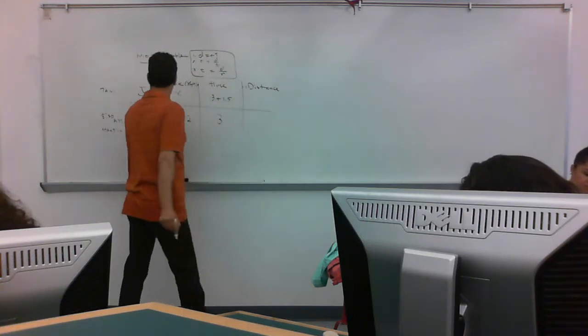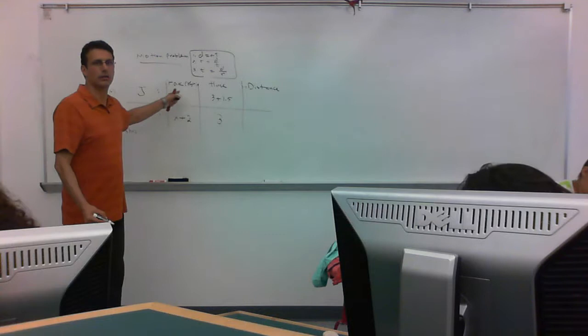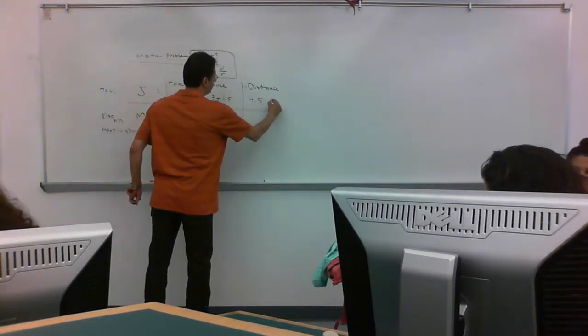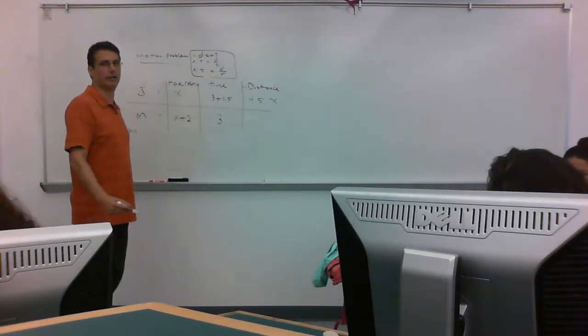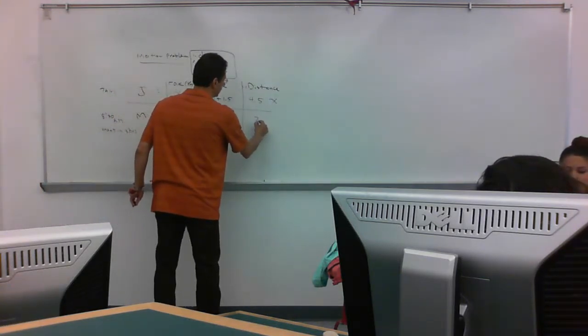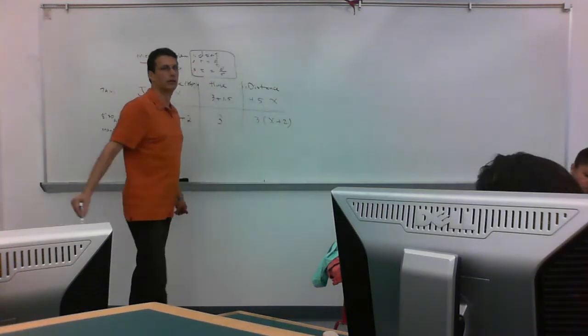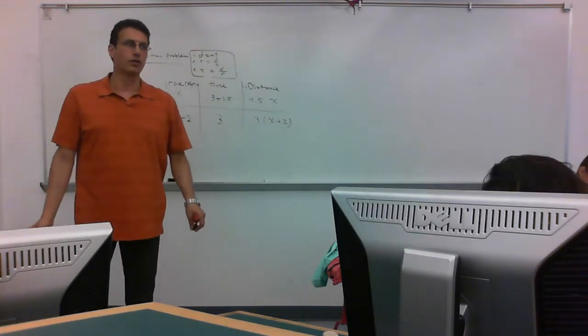So what is the distance that John has covered? John has covered 4.5 times x. Is that right? What about Mary? Mary has covered 3 times x plus 2. Now, the first one is the distance John has covered.